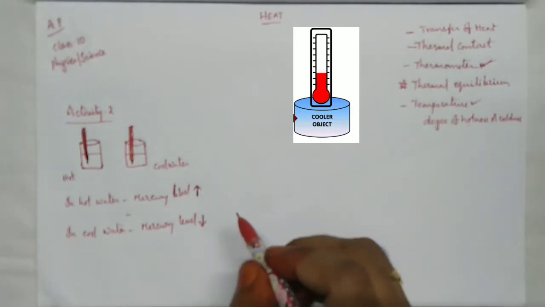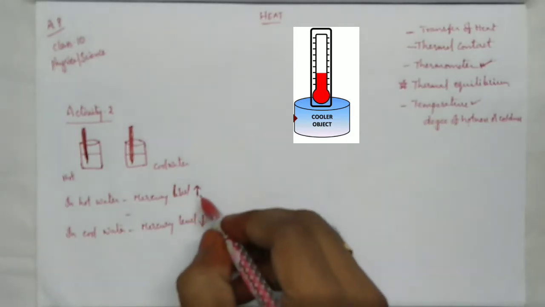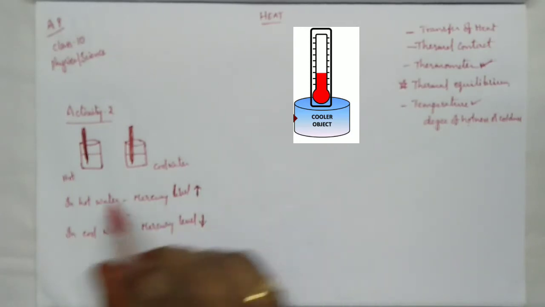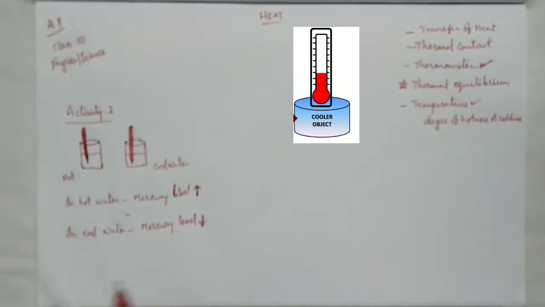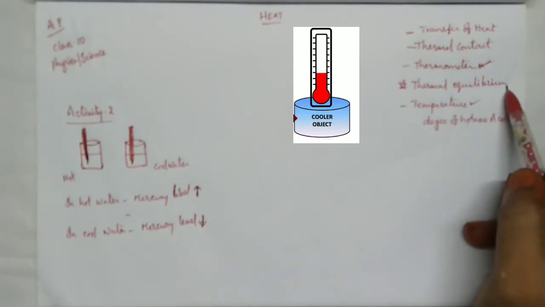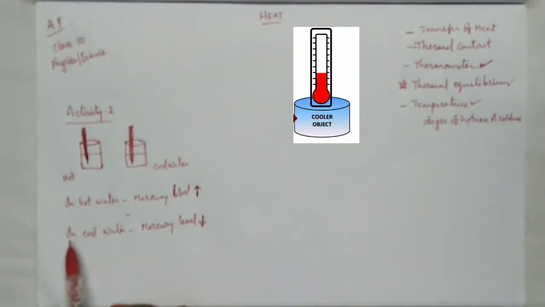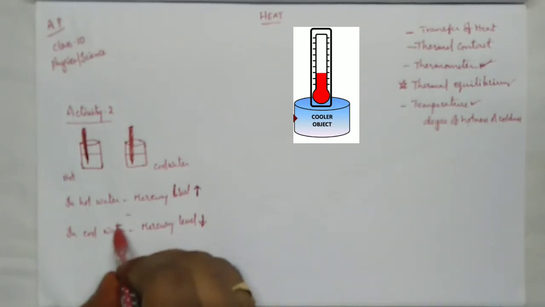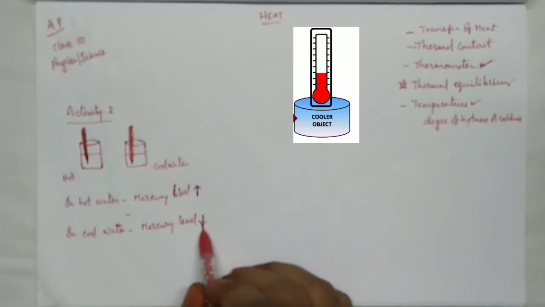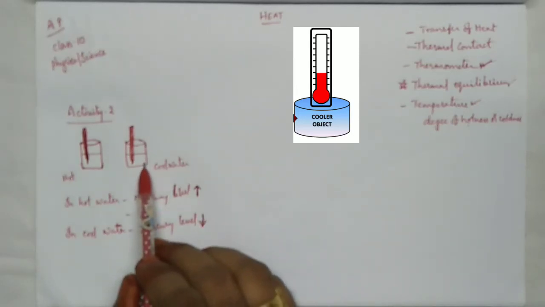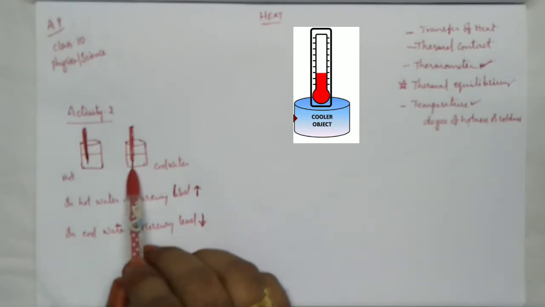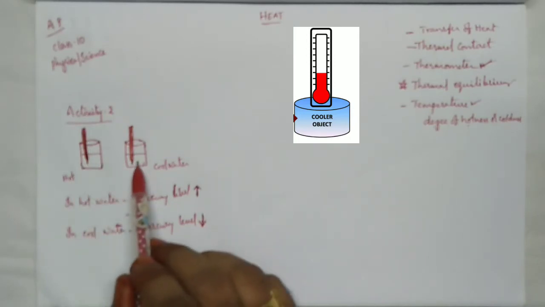We know that bodies in contact achieve thermal equilibrium due to the transfer of heat energy. So how long will this increase or decrease? In the two cases separately, how long does the rise in temperature take place? Until they reach thermal equilibrium. Similarly, when the thermometer is placed in cool water, how long does the mercury level fall? Until the water and the thermometer's sensitive part come to the same temperature.